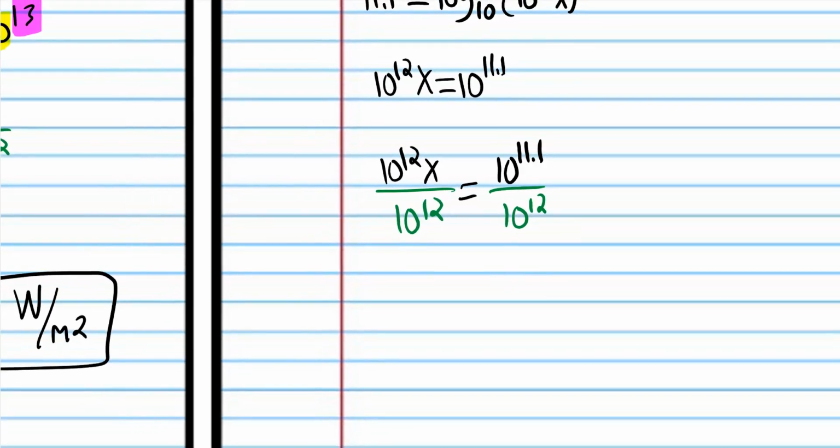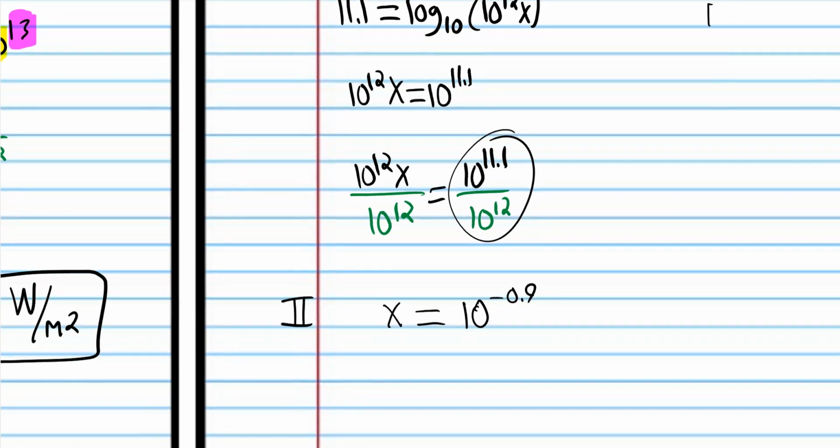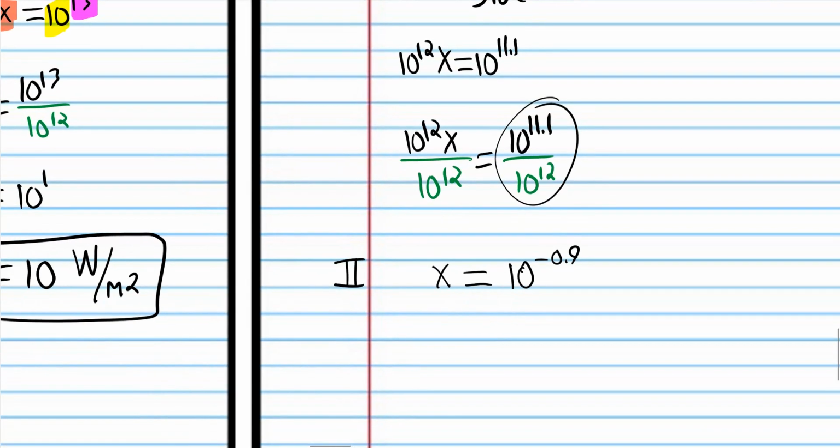And we're going to use exponent rule number 2, which tells us that when we divide powers, we subtract the exponent. So we're going to have 10 to the negative 0.9, because 11.1 minus 12 is negative 0.9.